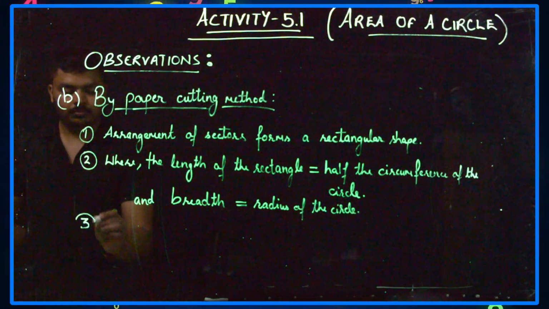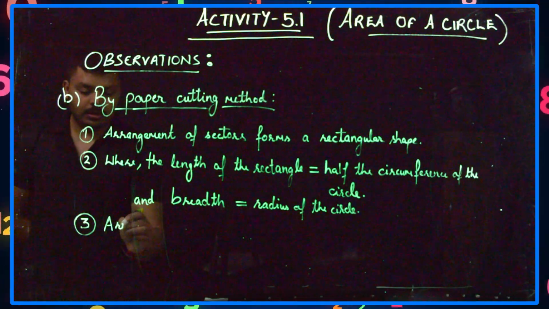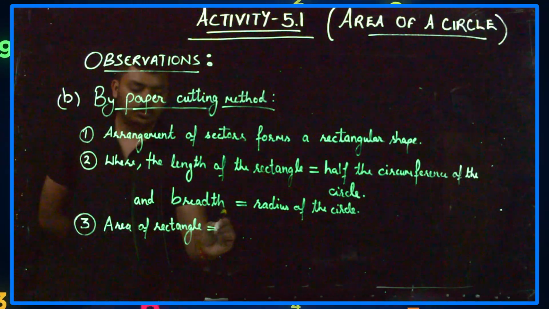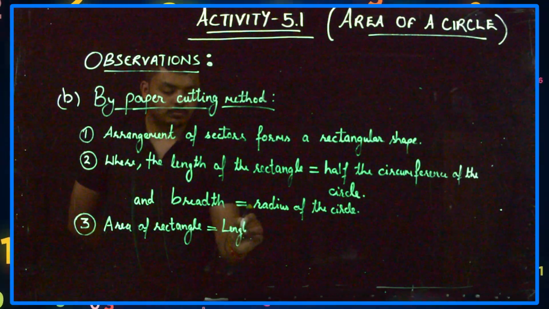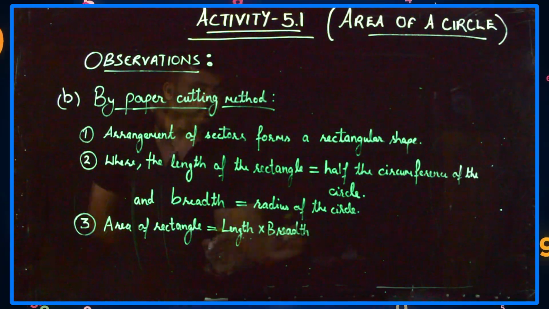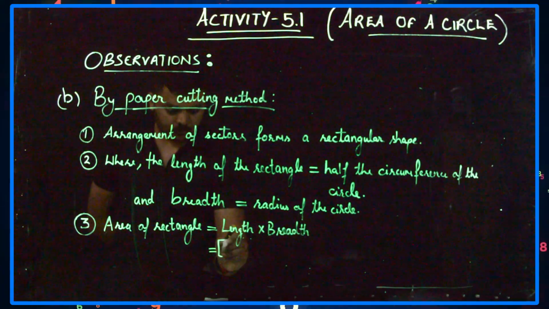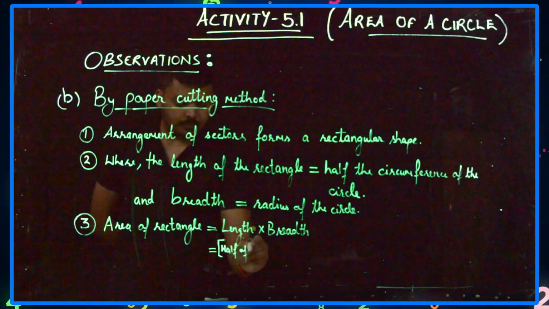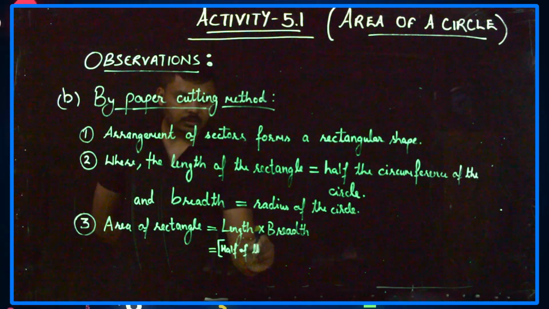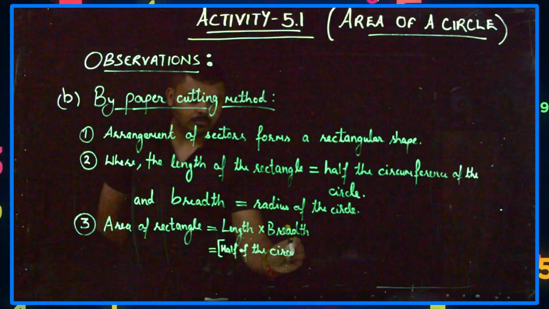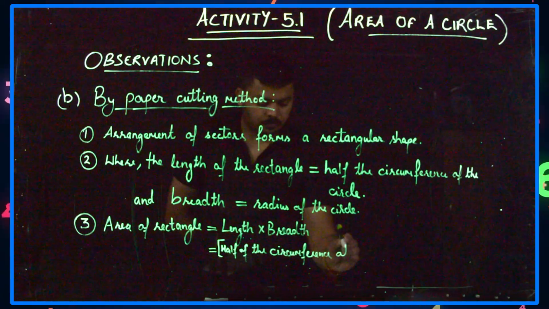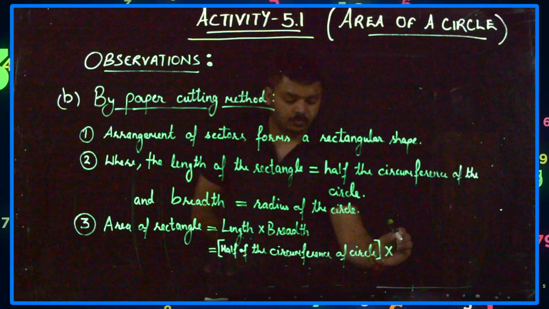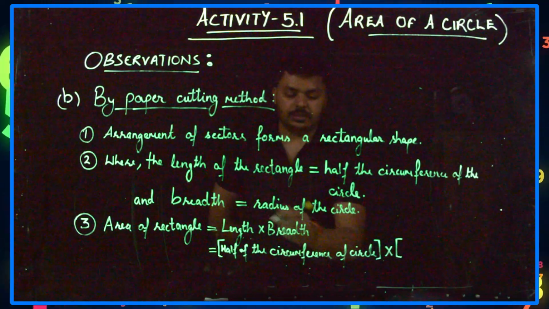Step 3. Area of rectangle equals length into breadth, equals half of the circumference of the circle into breadth, which is the radius of the circle.